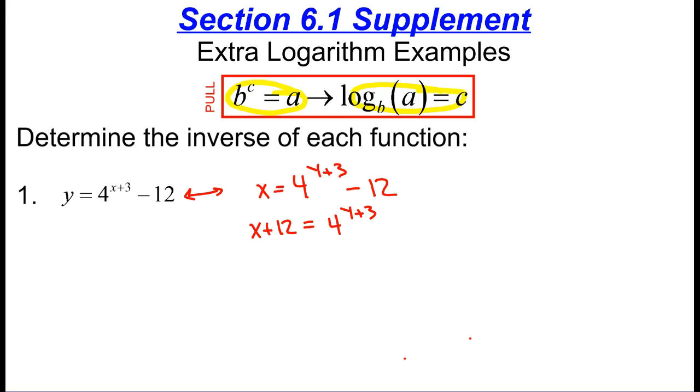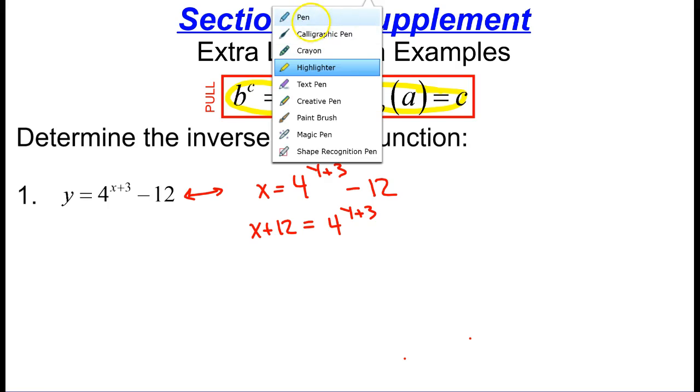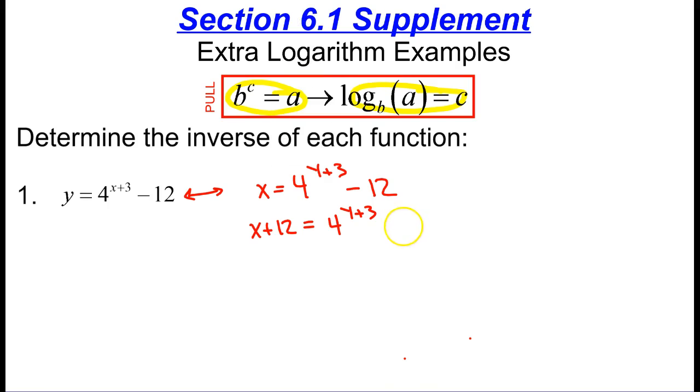So I am now going to rewrite this equation as a logarithm instead of as an exponential. So the log base 4 of x plus 12 equals y plus 3.